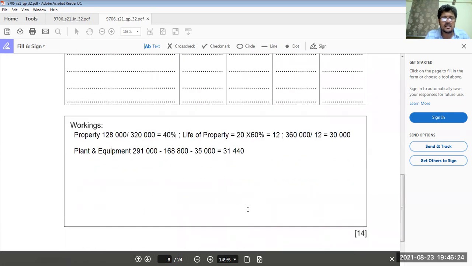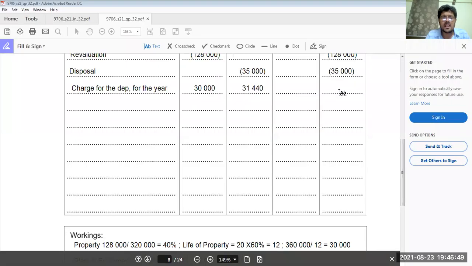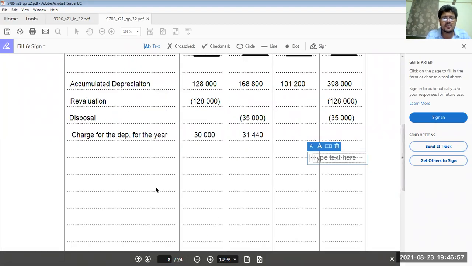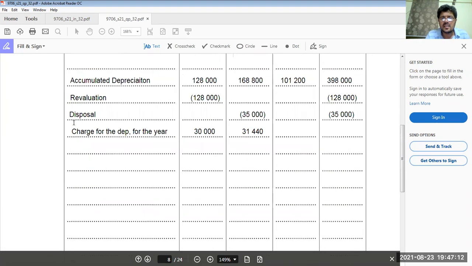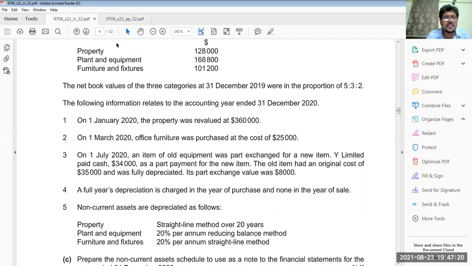Now the next one is furniture and fixtures, 203,000. And what percentage? 20% straight line method.